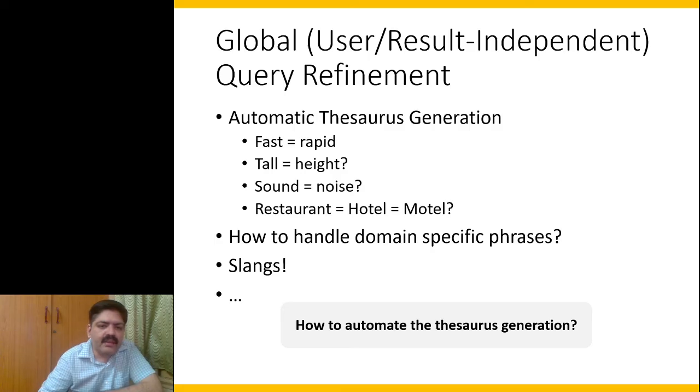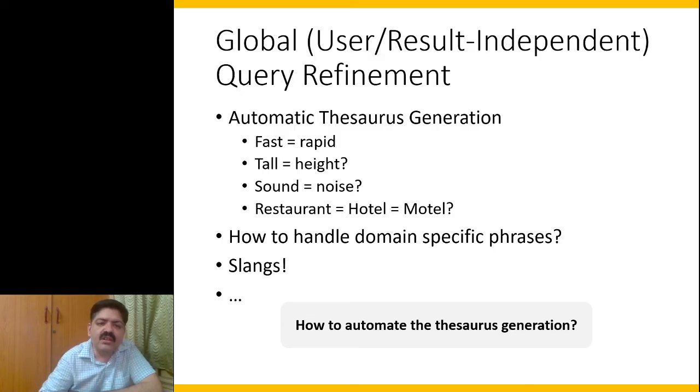But then we also know that many of the terms in the usual language English thesaurus, let's say, is not good enough for my web search kind of scenario. That's because the vocabulary in our search universe is way too huge compared to the vocabulary of a language thesaurus.